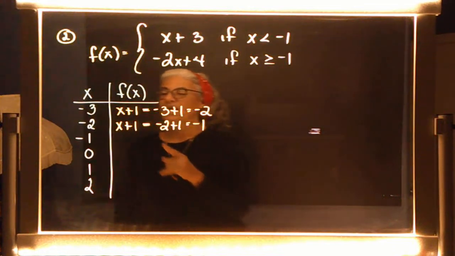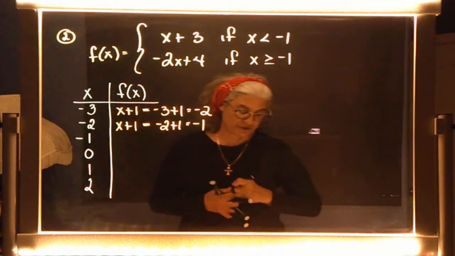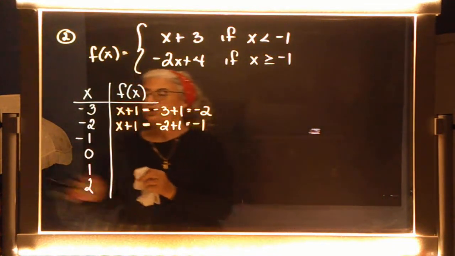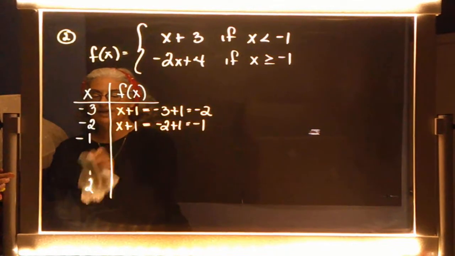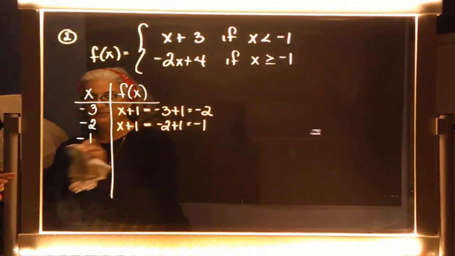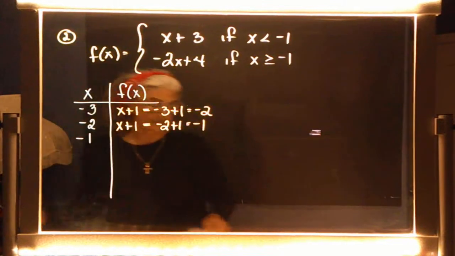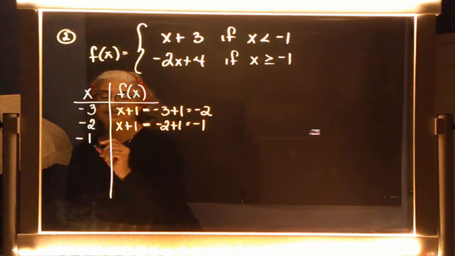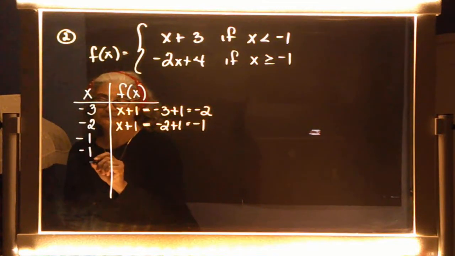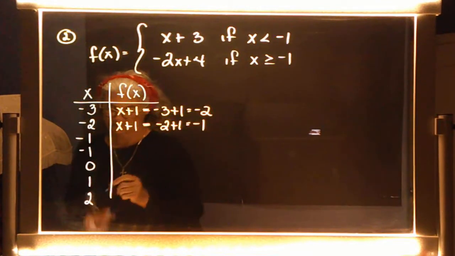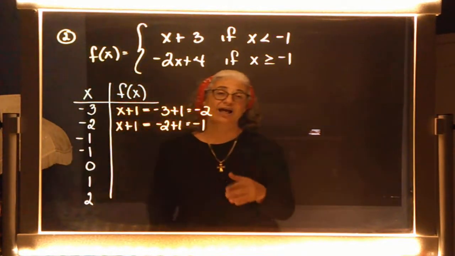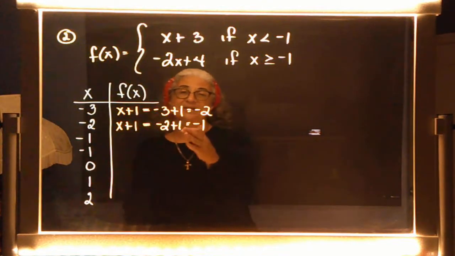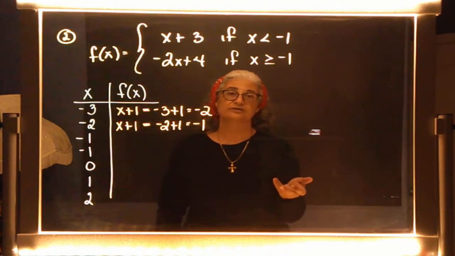Okay. I recommend that here also. When we come to the x value that splits the two pieces up, I actually recommend plugging it in to both pieces, because it's going to tell me where one piece ends and the other piece starts.